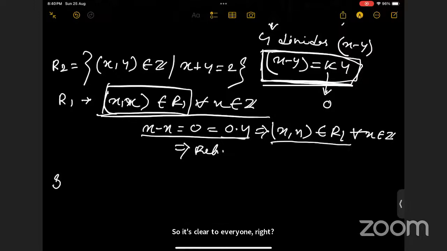Okay. So what about symmetry? Is it symmetric? Yes, it is symmetric. For example, (20, 16) and also (16, 20) are divisible by 4.